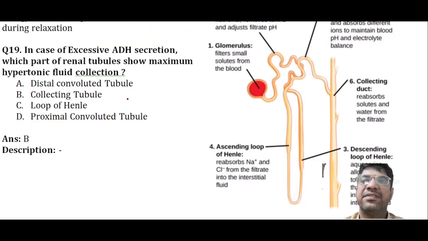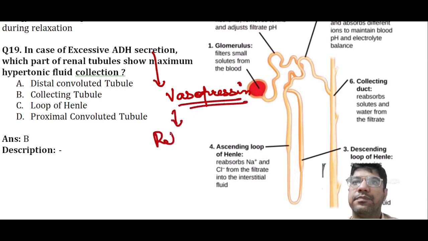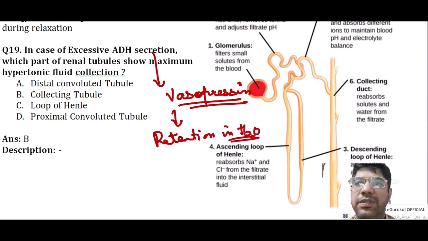In case of excessive ADH secretion, which part of the renal tubule will show maximum hypertonic collection? So excessive secretion of ADH, that is also known as vasopressin, could lead to retention of water in the body that can affect the renal tubules.